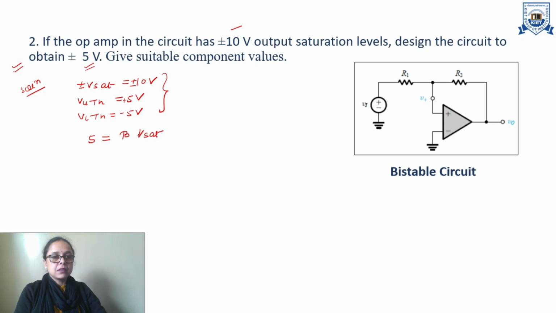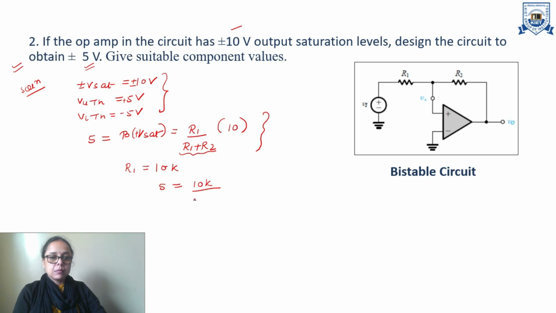Beta is R1 divided by R1 plus R2, multiplied by 10. Now in this equation there are two unknown parameters, R1 and R2, so we have to assume one of the values. Let's say the value of R1 is 10k. So we can write this as 10k divided by 10k plus R2.